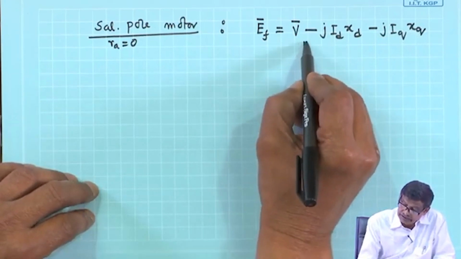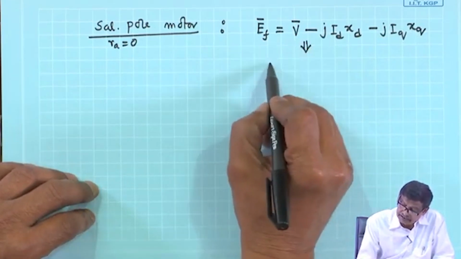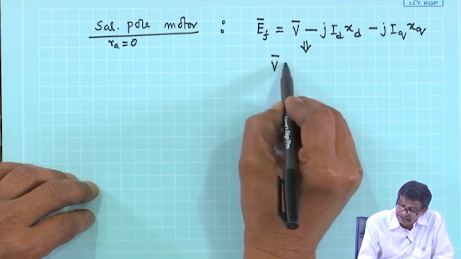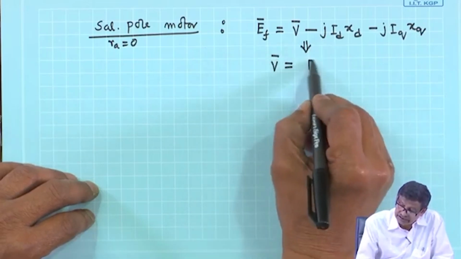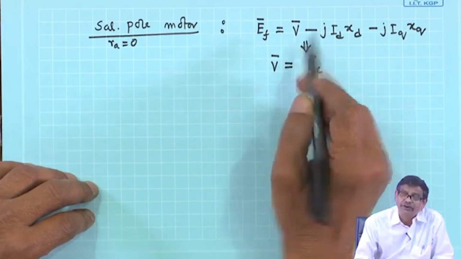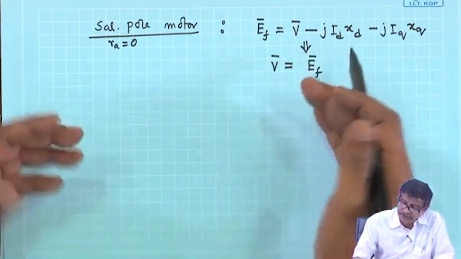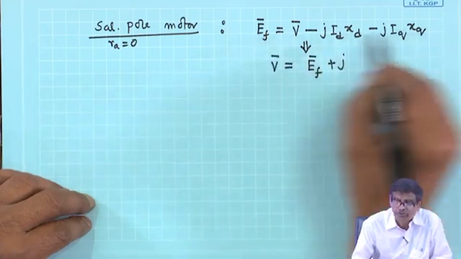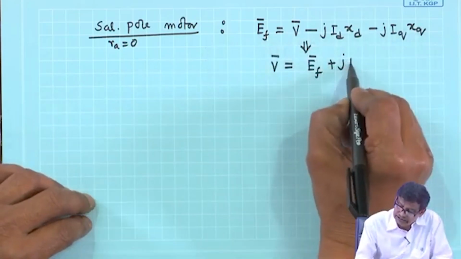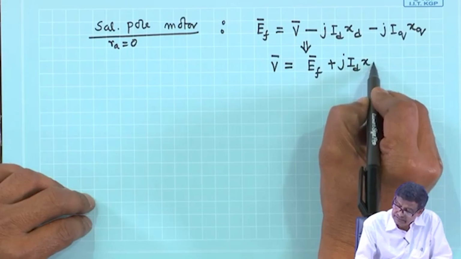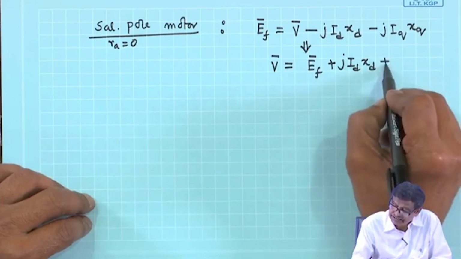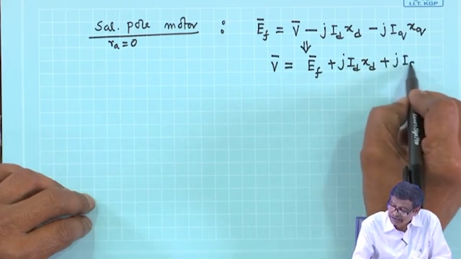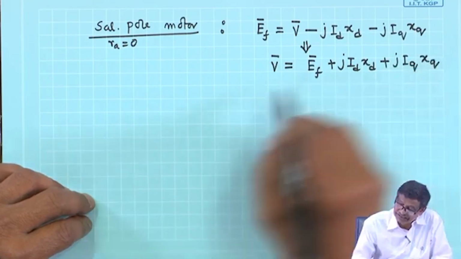Then I will convert it to this form, that V is equal to EF plus J ID XT, because I feel very much comfortable with this. Hopefully, you will also feel comfortable, otherwise this will also do anyway. Addition comes naturally to us, I suppose.